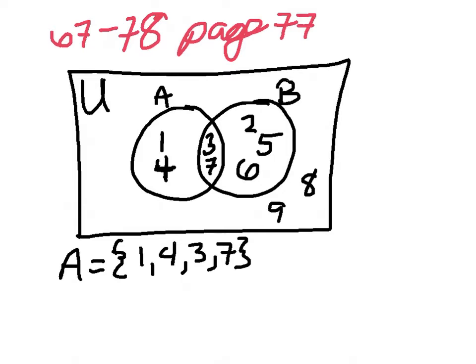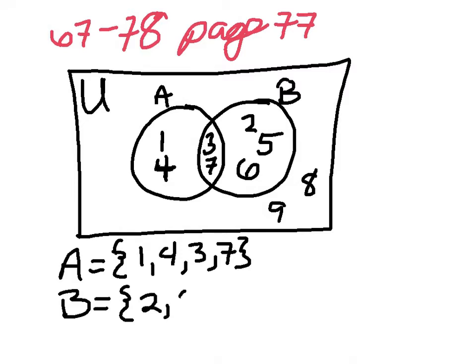So why don't you do that? Tell me what set B contains. After you've done that, you can see that set B contains 2, 5, 6, 3, and 7. Okay, so not very difficult.